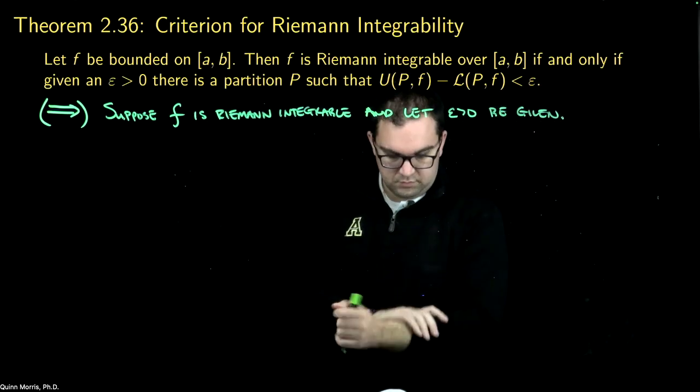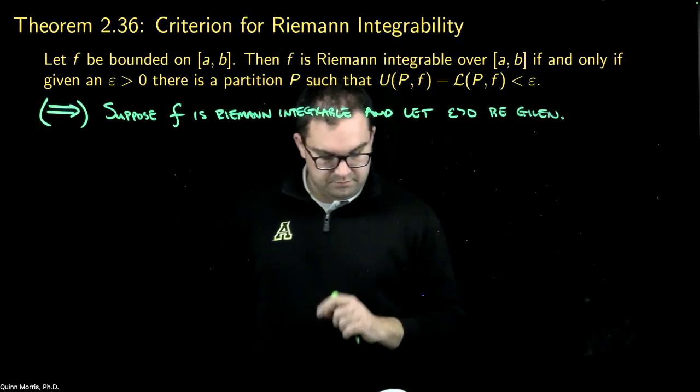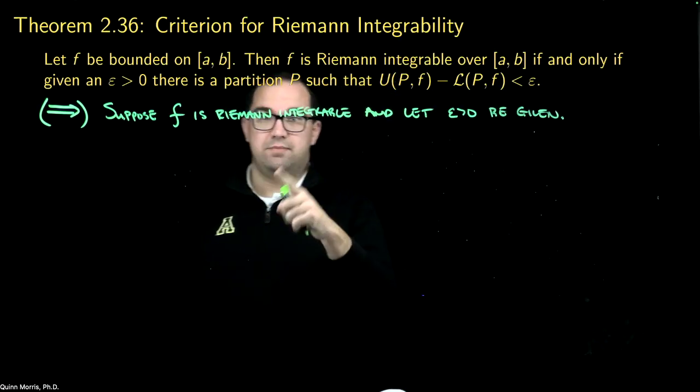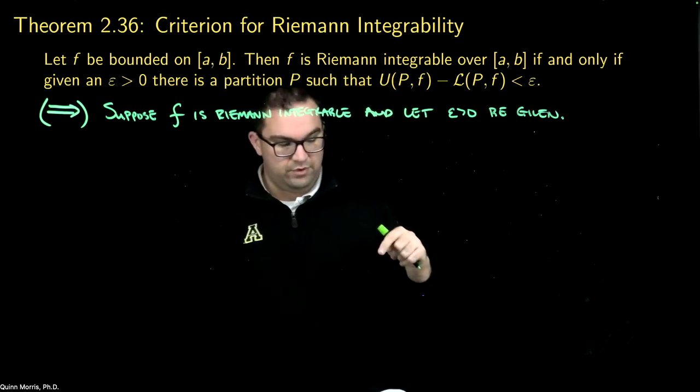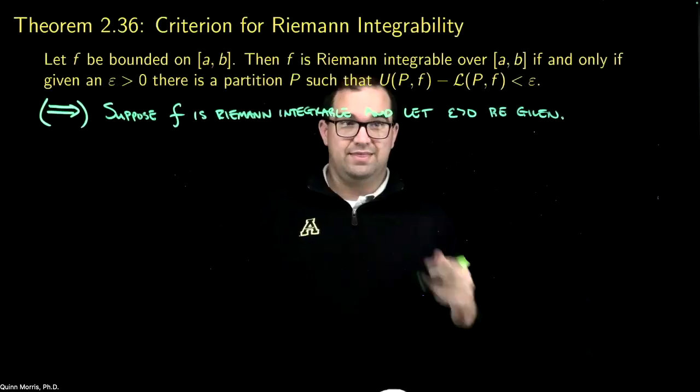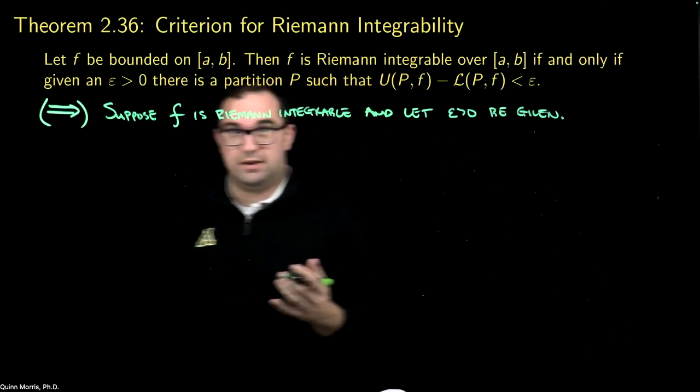All right. So since our function is Riemann integrable, that tells us that the upper Riemann integral and the lower Riemann integral are equal to each other, and that is in fact the value of the Riemann integral.